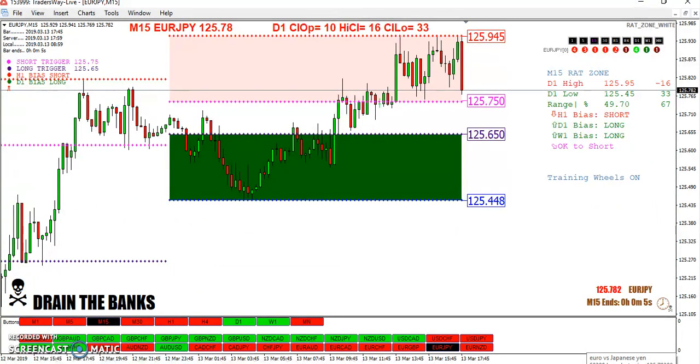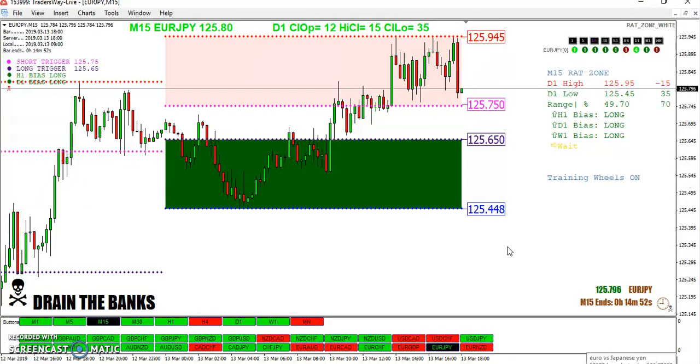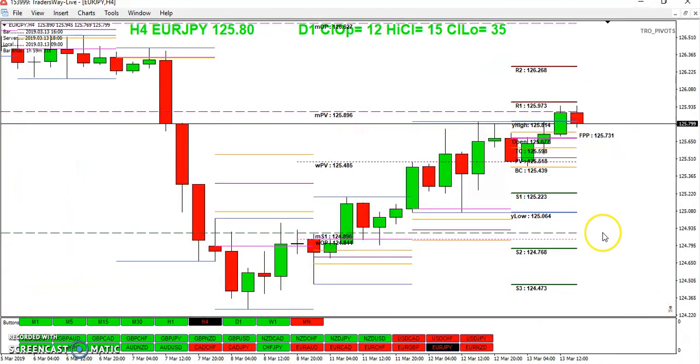Okay, red rat setting up, but range is only 49, so really not much there. You can see a huge turn trade happening. So red rats, get ready. Now we took out the pivot. We saw that on the other screen.